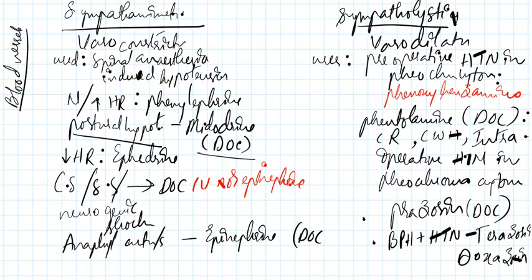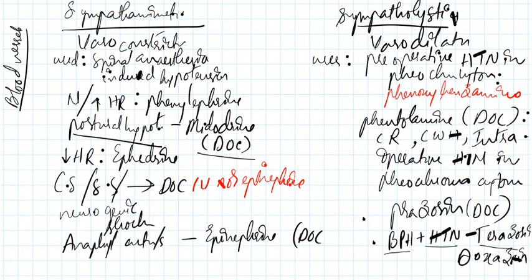What are these two drugs? Terazosin and doxazosin are alpha blockers. What are the alpha blockers? Prazosin, terazosin, doxazosin, tamsulosin. So if the patient has benign prostatic hypertrophy with hypertension, you can give terazosin or doxazosin.